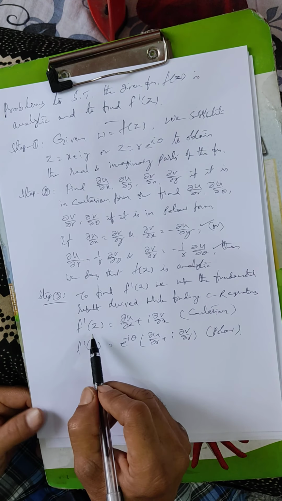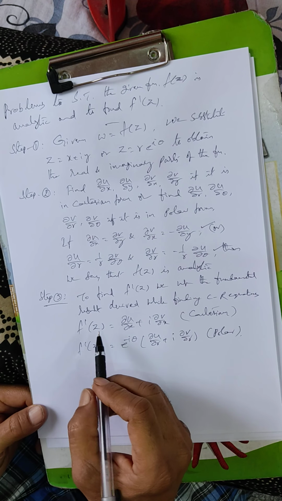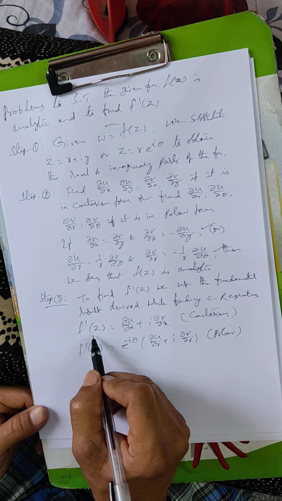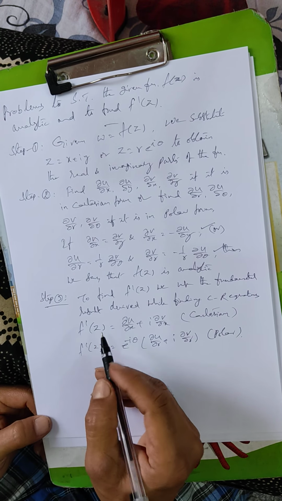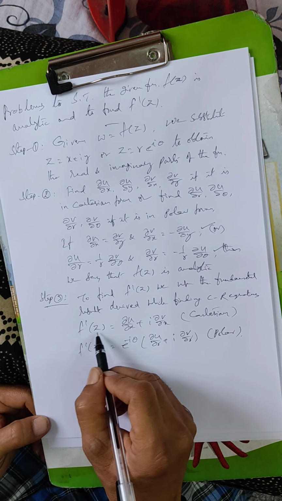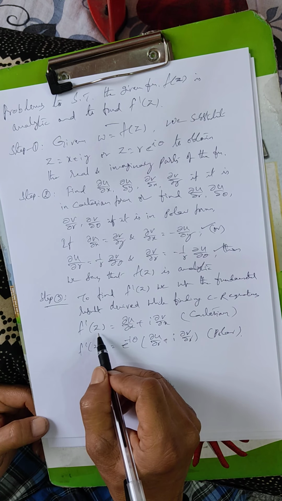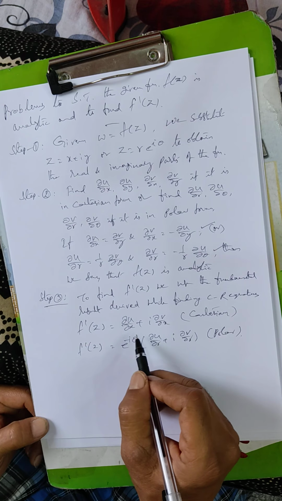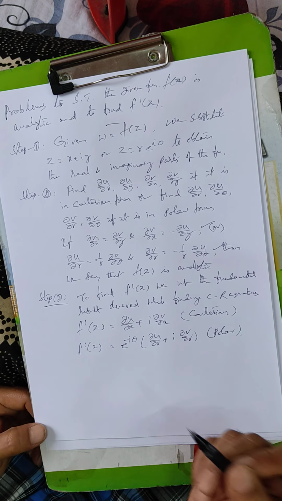Of course, exactly it's not f dash of z. While proving CR equations in Cartesian form, that equation 2 was f dash of x plus iy. There we took z equals x plus iy, and the RHS is the same, ∂u/∂x plus i ∂v/∂x.